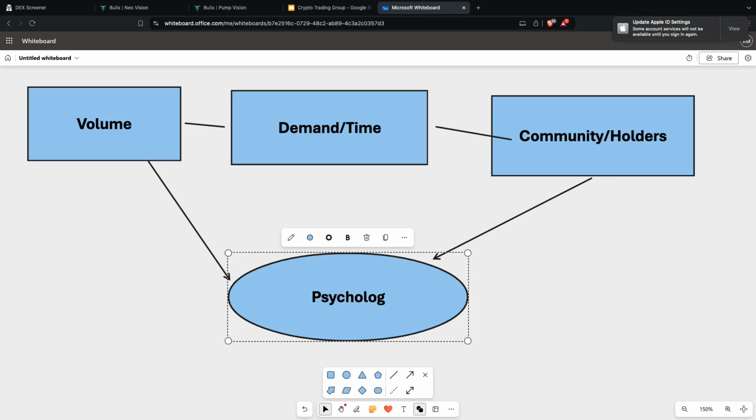When it comes to meme coin trading, a lot of the technical analysis levels are psychological.